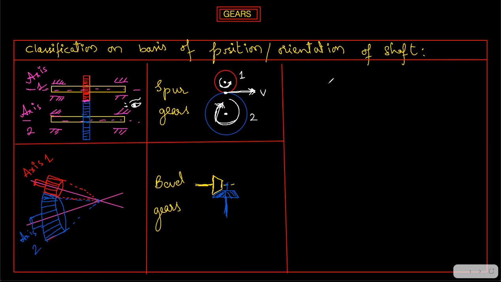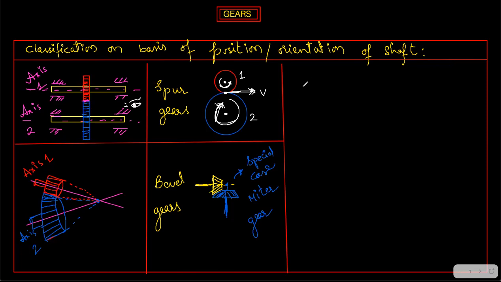So these are the teeth, and here also these are the teeth. Okay, so this is called what gear? Miter gear. This is a special case. Done.